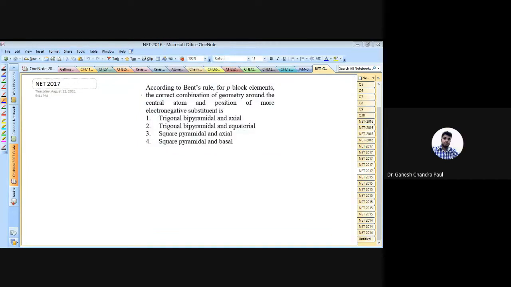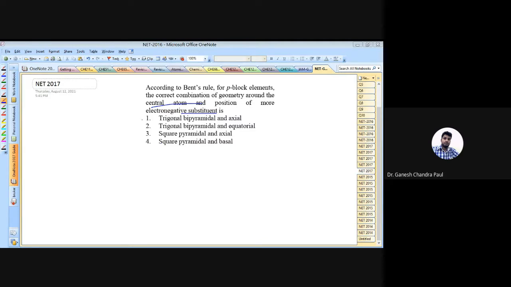Okay, that question you can see here. I have already told several times during the class what is Bent's rule. So according to Bent's rule, for p-block elements, what is the correct combination of geometry around the central atom and the position of the more electronegative substituent? Trigonal bipyramidal and axial; trigonal bipyramidal and equatorial; square pyramidal, axial; square pyramidal, basal.